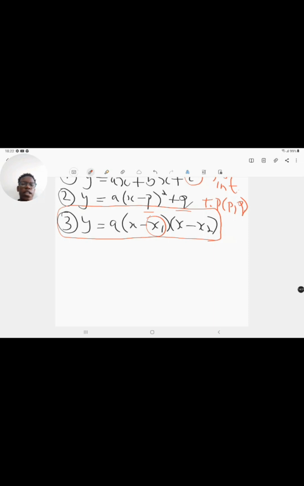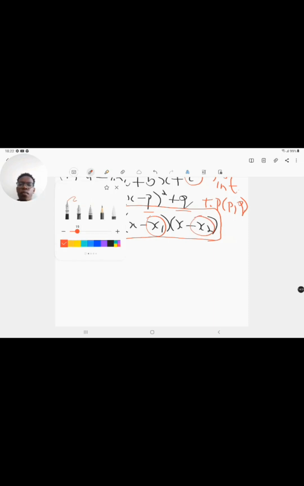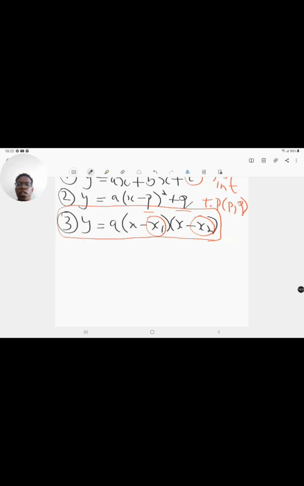If you look at what x1 and x2 are, what was our problem? The equation that we were asked to sketch was y is equal to 2, x minus 2, x plus 3.